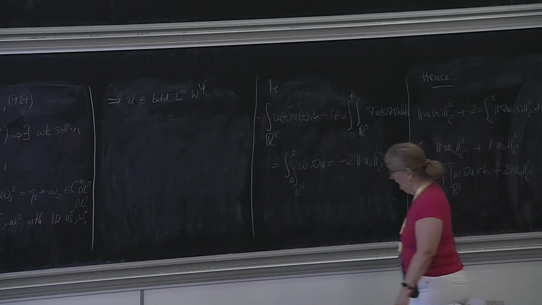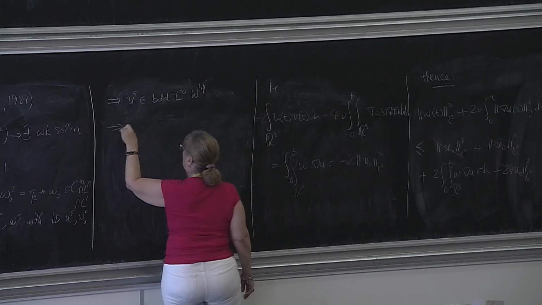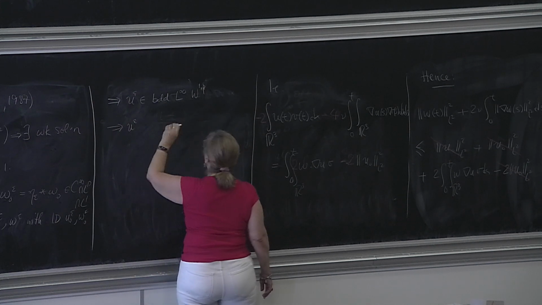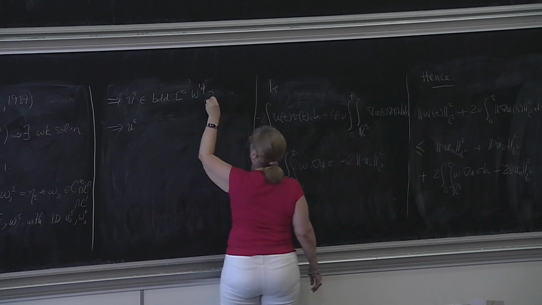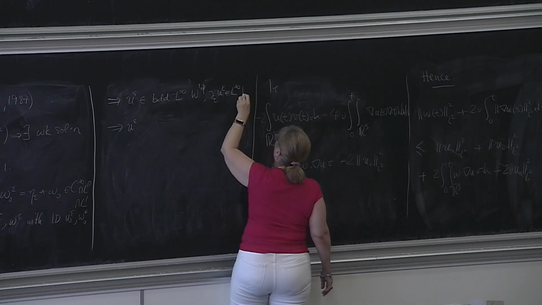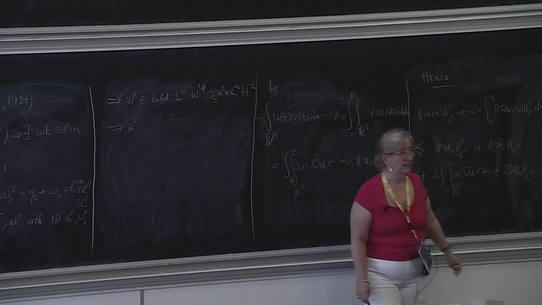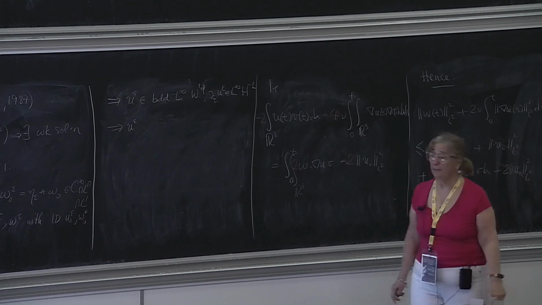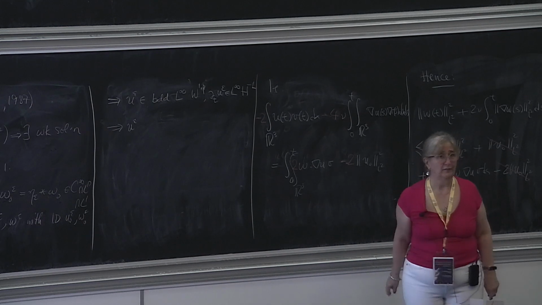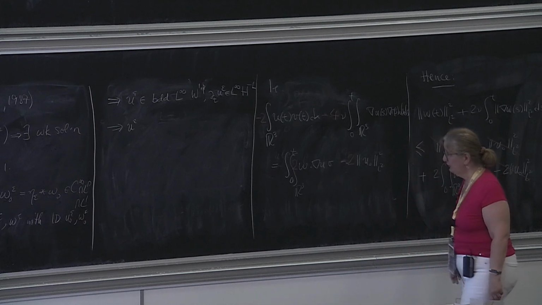Which means that for U epsilon, you're going to get the time derivative bounded in some negative Sobolev space. I don't want to make very precise which Sobolev space.